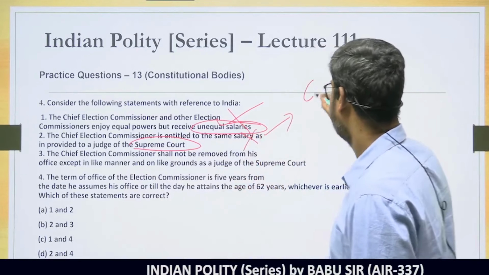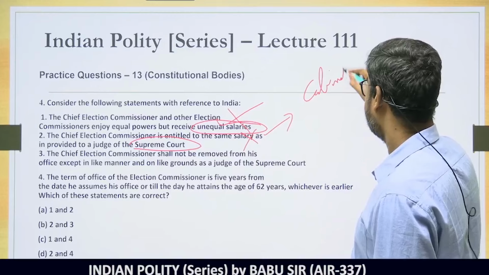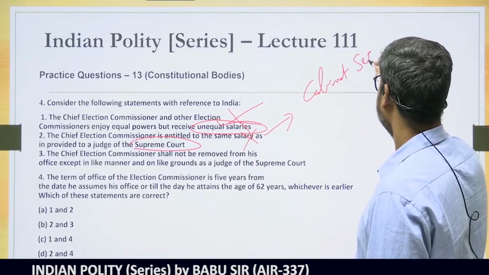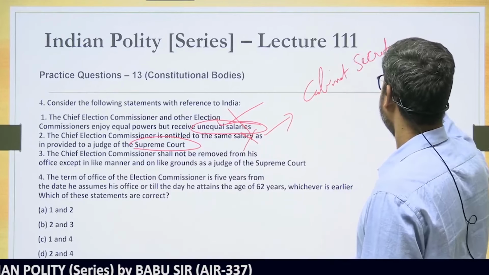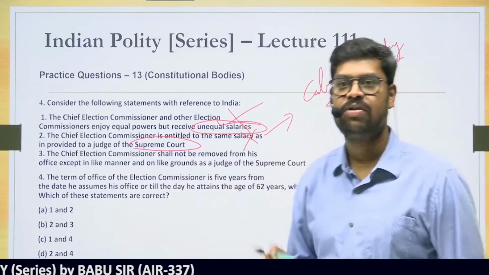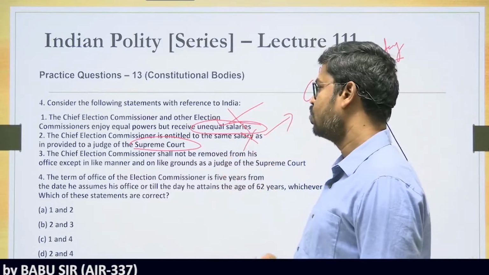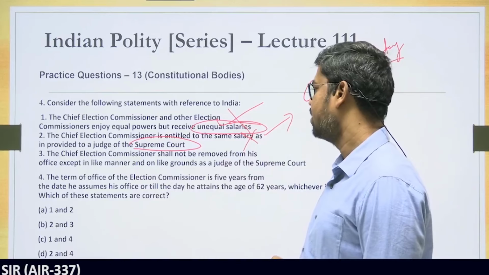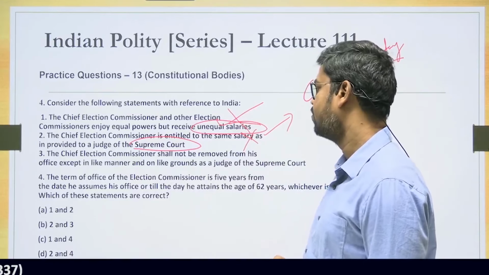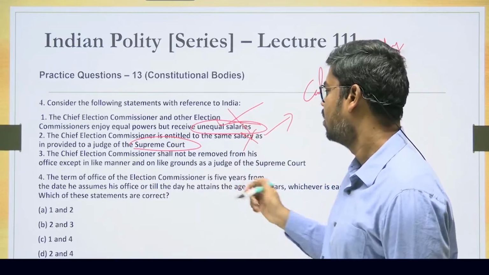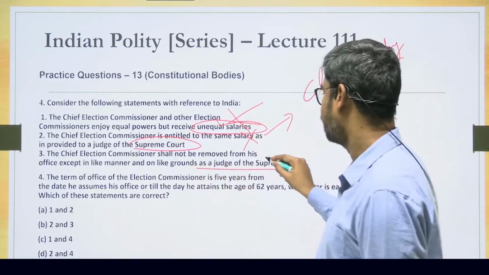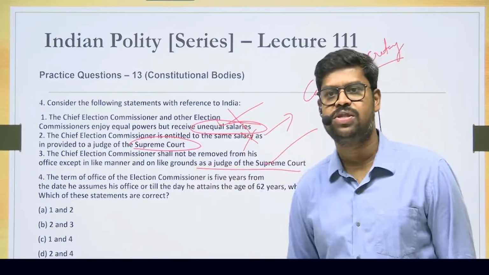Because the salary is equivalent to that of the Cabinet Secretary in our country. So who is a Cabinet Secretary? He is the senior most civil servant in our country. Come to statement number 3. The Chief Election Commissioner shall not be removed from his office except in the manner and on grounds similar to that of a judge of a Supreme Court. So this is given in the Constitution itself.